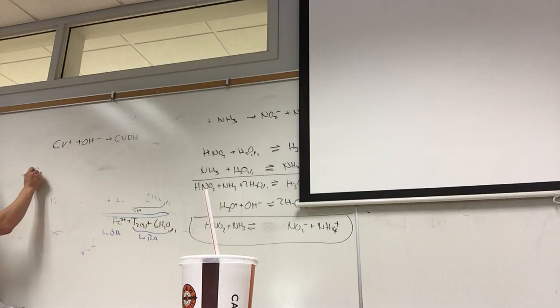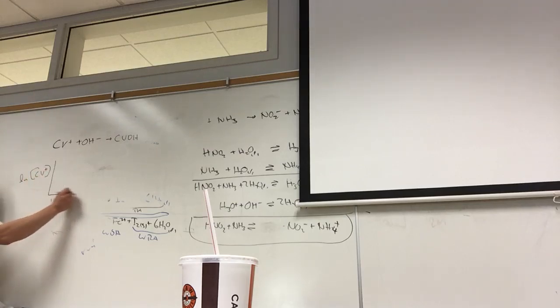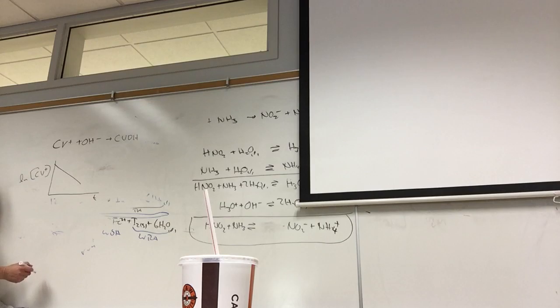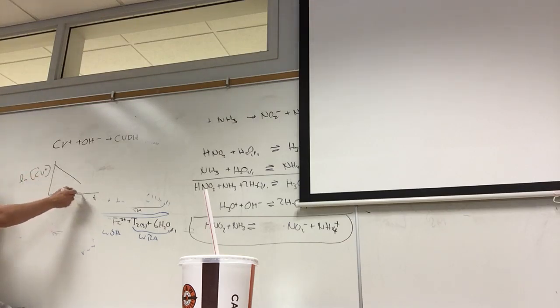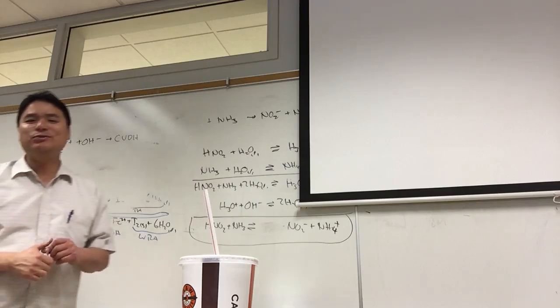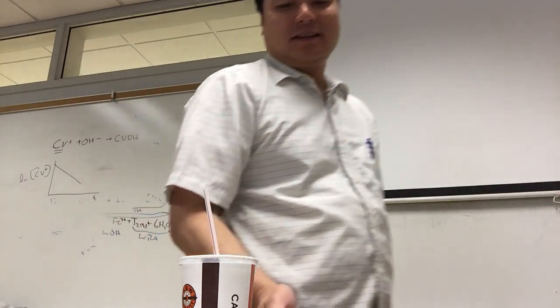We did a plot of ln of CV versus time, and this came out linear, right? For most people, this came out linear. Some people, maybe second order, came out linear. So we got a linear plot of ln of CV versus time, which means it must be first order in terms of CV. Except we had to do something first.